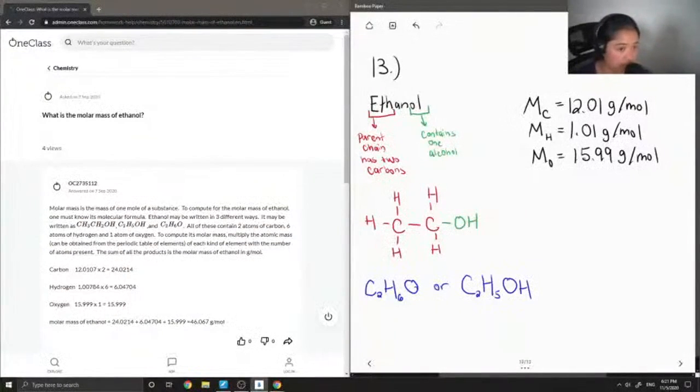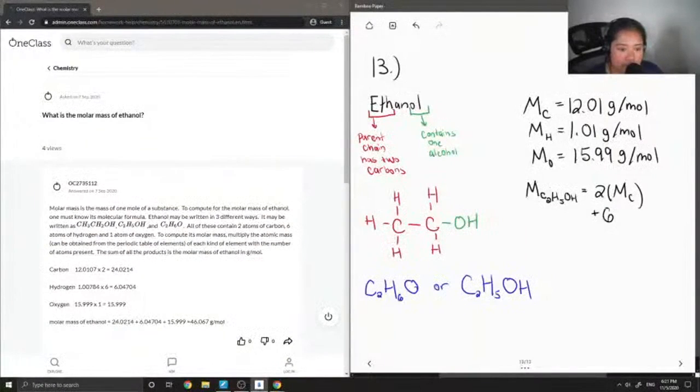So now, to calculate the molar mass of ethanol, C2H5OH, it's going to be 2 times the molar mass of carbon, since there are 2 carbons in ethanol.